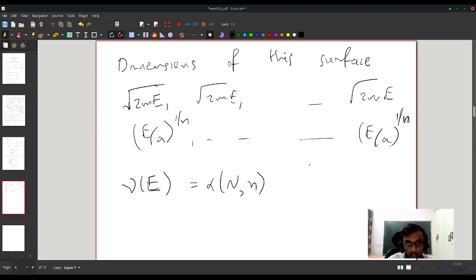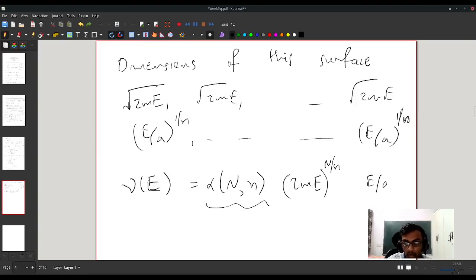But apart from this factor, we can simply write this as square root 2mE whole to the n, and (E/a) whole to the, sorry, here it is, capital N over 2.